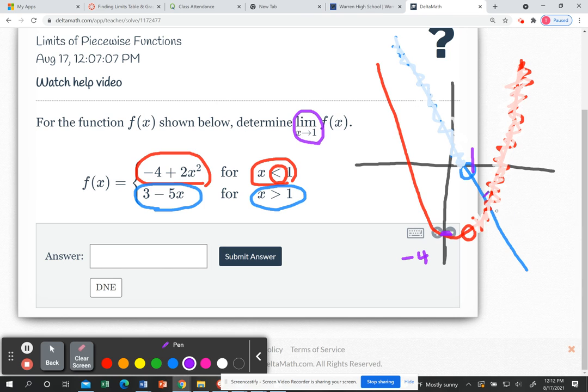If I'm approaching from the right side, can you tell me the blue value to 1, approximately? It just has to be close. 0? So from the left side and the right side, are they matching? No. So what does that say? Your limit is then what if they do not match? The limit does not exist.